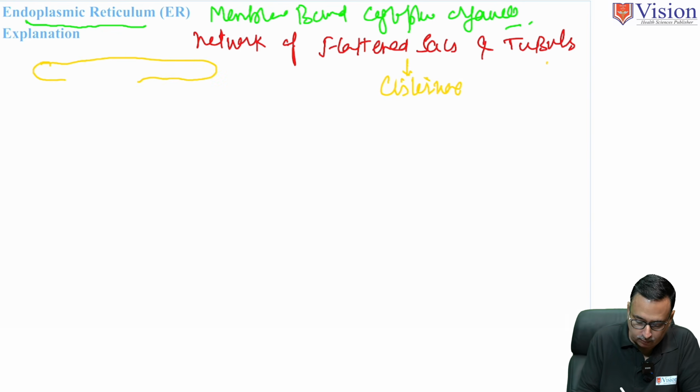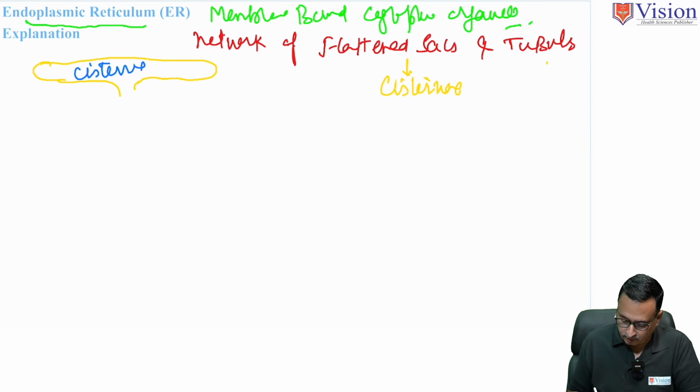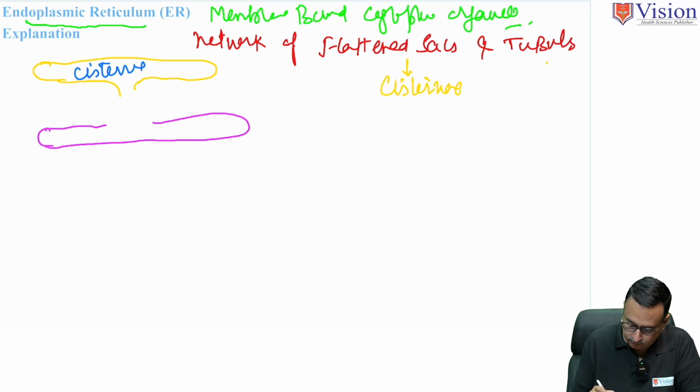This is a flattened sac and we call it a cisterna. It's one cisterna. So this one cisterna is connected with another cisterna with the help of a tubular structure. I will just use another color, and this is a tubule.